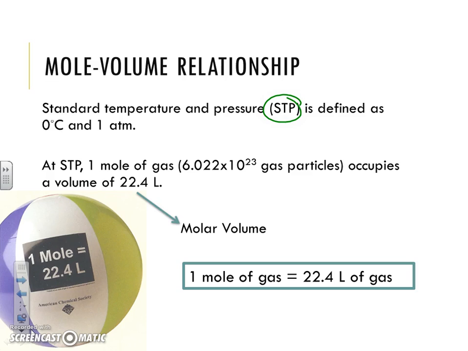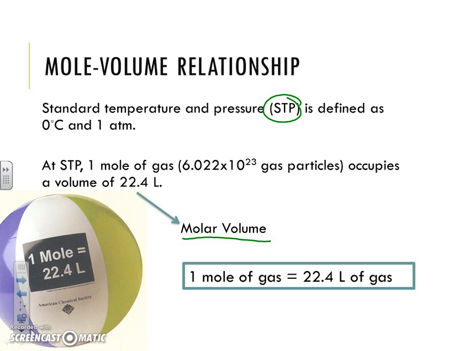So STP is considered 0 degrees Celsius and 1 atmosphere, and at STP 1 mole of gas, which is 6.022 times 10 to the 23rd gas particles or gas molecules, occupies 22.4 liters. So 22.4 liters is often referred to as molar volume.